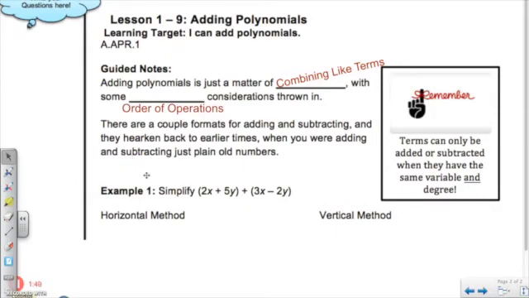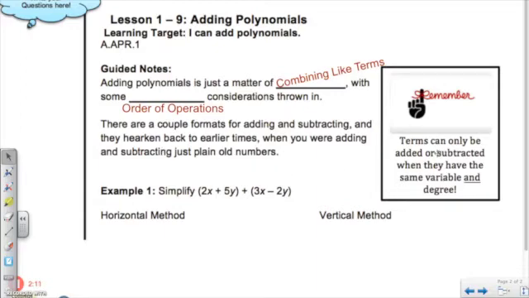There are a couple different methods for approaching these, and I'm going to show you both ways, and it is 100% up to you which way you prefer to go. With both of them, look back at the way you were taught to add as kids when you were just adding normal numbers. When you first got introduced to 3-digit numbers, you had different ways of approaching that.